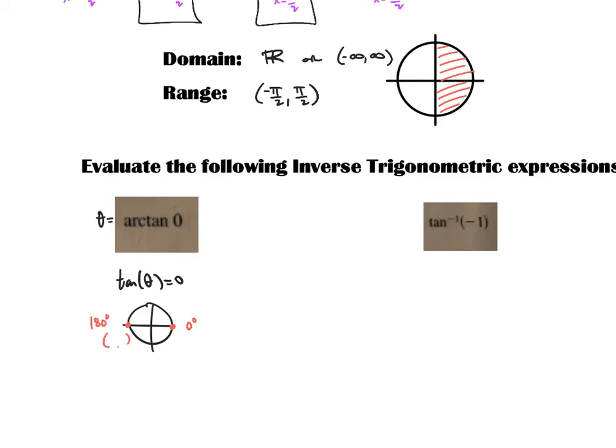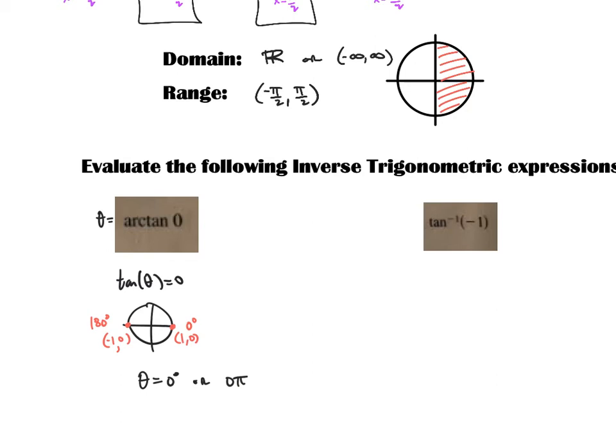Okay, that's because we take the y value over the x value, and 0 over negative 1 and 0 over 1 are both 0. But because of the restriction that we place on quadrants 1 and 3, or excuse me, 1 and 4, then theta has to equal 0 degrees, or 0 pi radians.